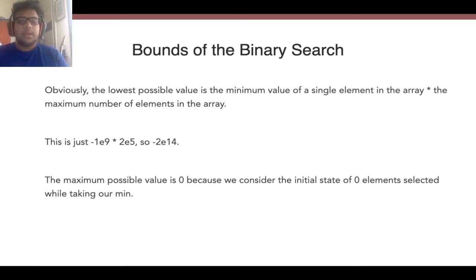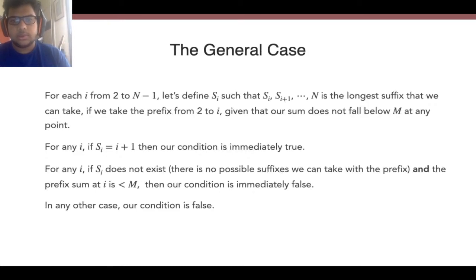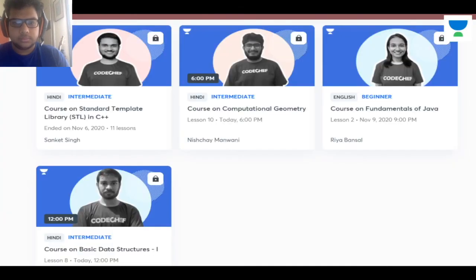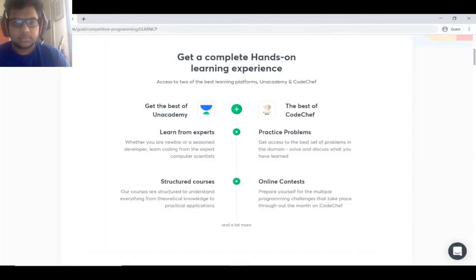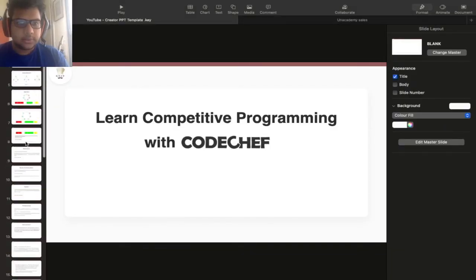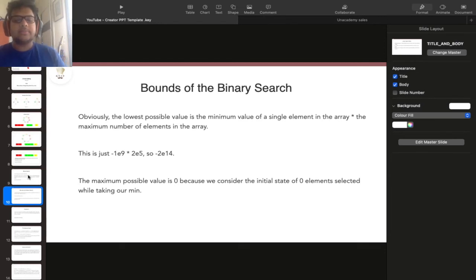Okay. And now this is the lower bound, so the upper bound is the maximum value, right? And that will always be 0 because we considered... Yeah, so this maximum possible value will always be 0, right?